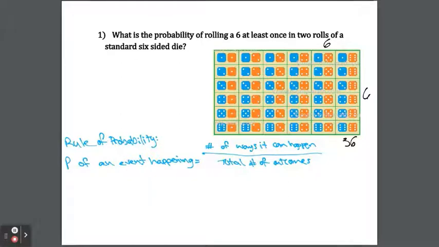Let's count the number of outcomes with at least a 6. 1, 2, 3, 4, 5, 6, 7, 8, 9, 10, 11. The probability of rolling a 6 at least once is 11 over 36.